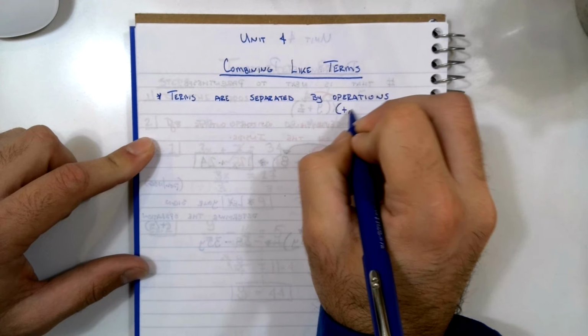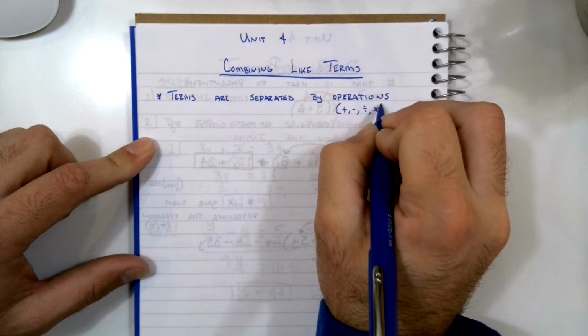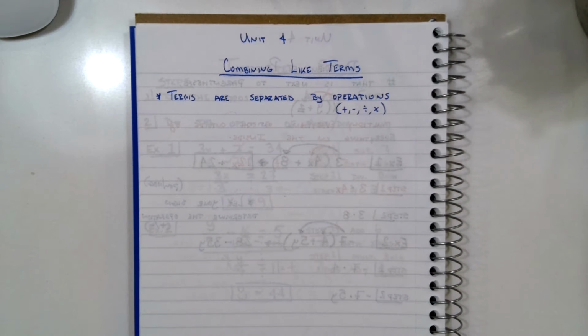And the operations being plus, minus, divide, and multiply, okay? So terms are separated by operations. So when you get an example, it might say how many terms are in this expression, okay? And remember, expressions don't have equal signs. So when it says how many terms, you can look at those and determine how many terms you have, okay?